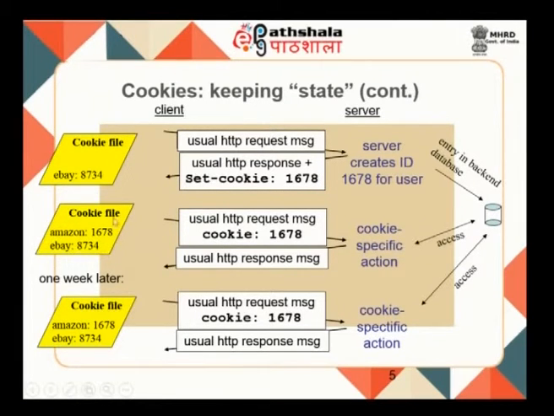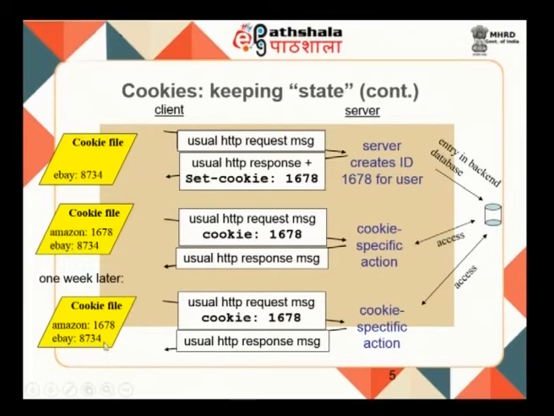Now this information is stored in the cookie file. Subsequently, when you send a message to the same web server, you add this additional header line called cookie 1678. When this message reaches the server, it can now take cookie specific action and send back an appropriate HTTP response.